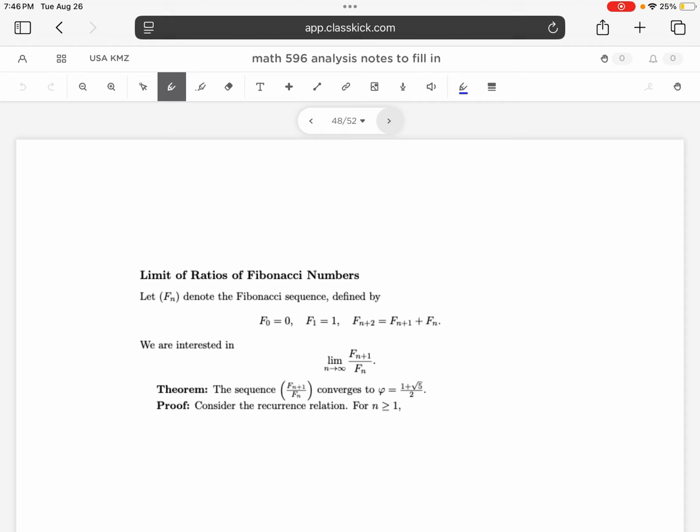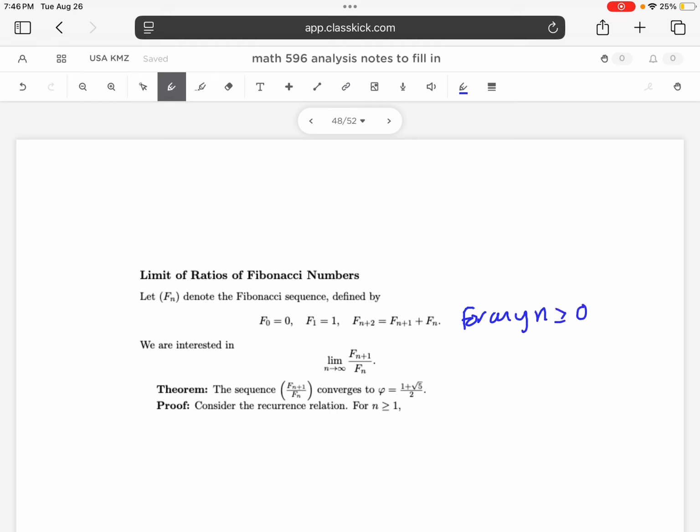First, we should define this a little bit more carefully. So we're going to say f sub n is the Fibonacci sequence. We start with f0 being equal to 0, f1 being equal to 1, and any further member of the sequence is defined as f sub n plus 2 equals f sub n plus 1 plus f sub n, for any n greater than or equal to 0.